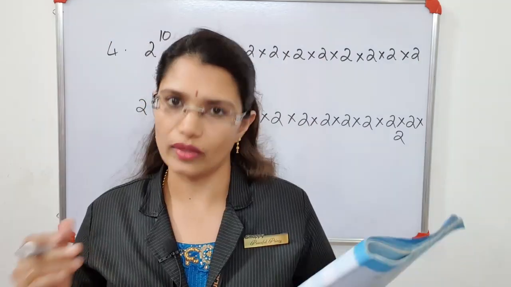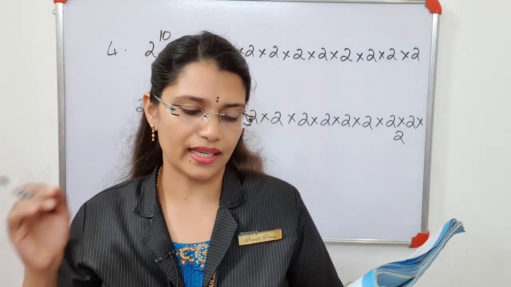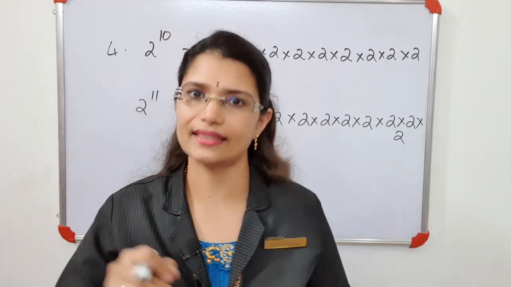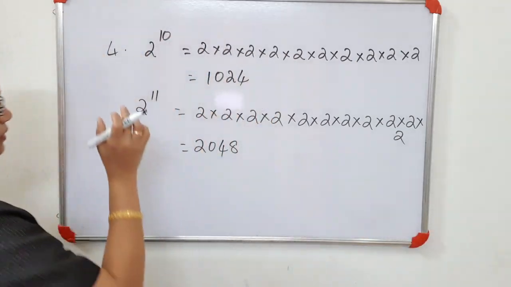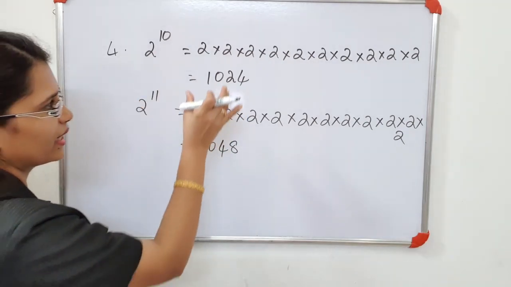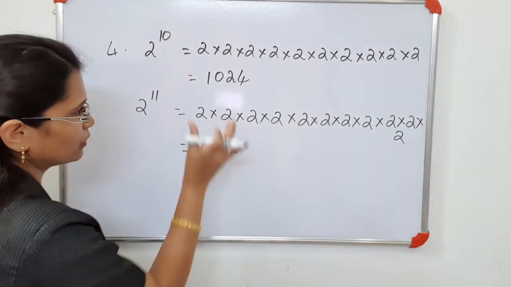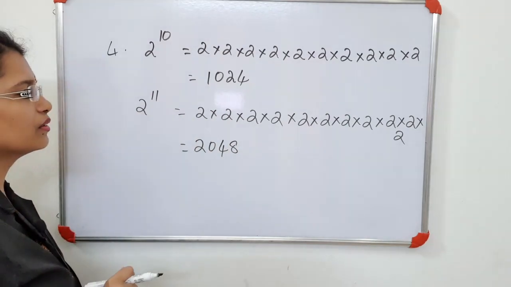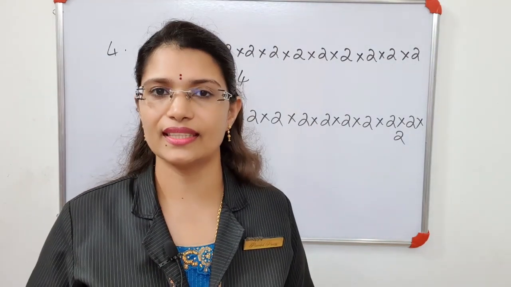Now, what is the question? What must be added to 2 raised to 10 to get 2 raised to 11? 2 raised to 10 is 1024. What must be added to 1024 to get 2048? So, how can you write this?